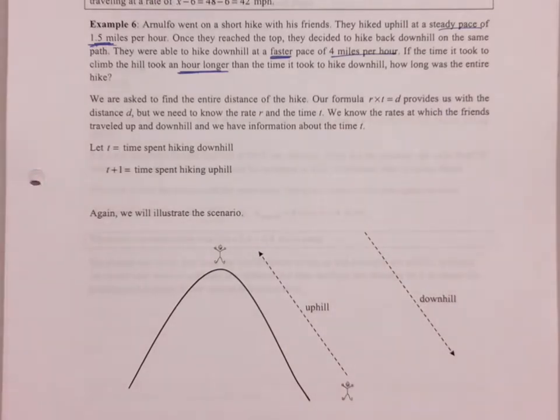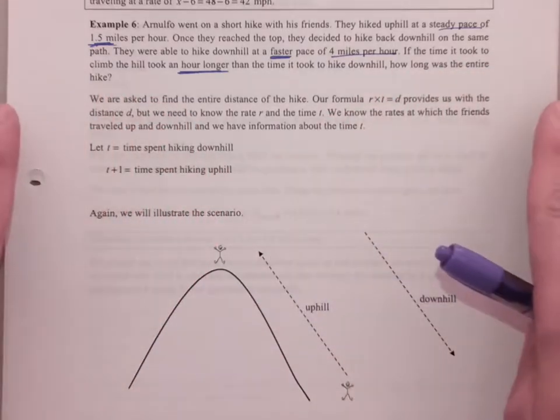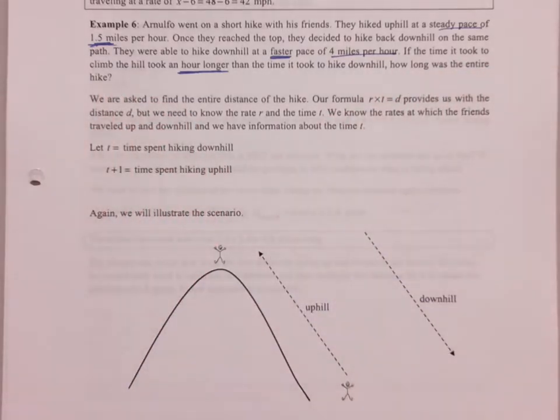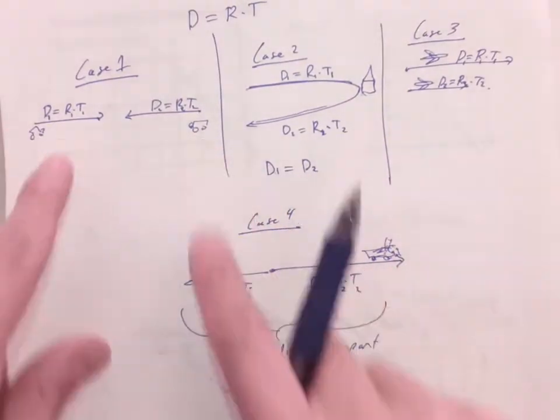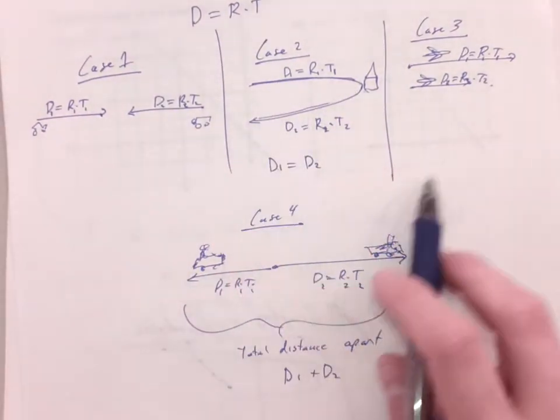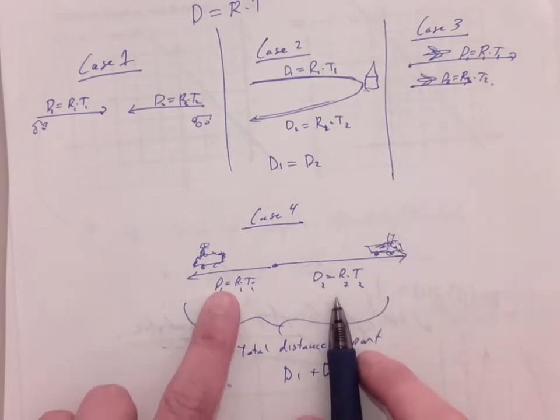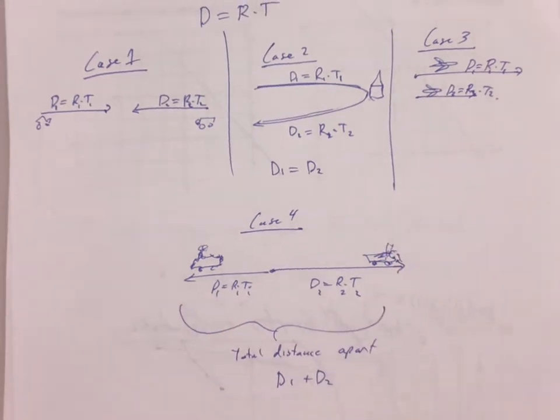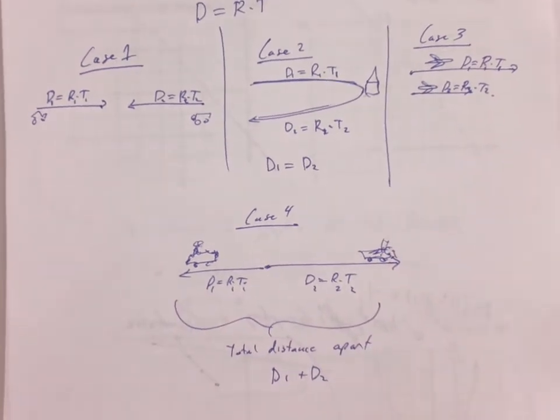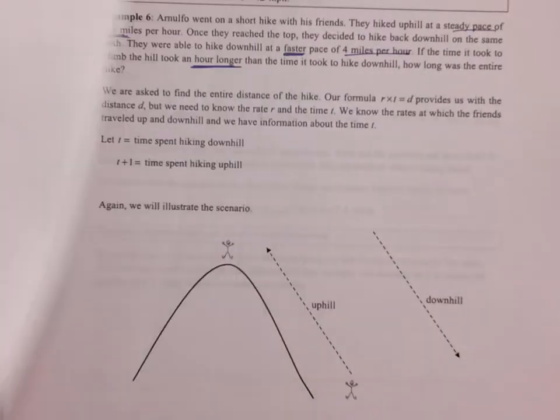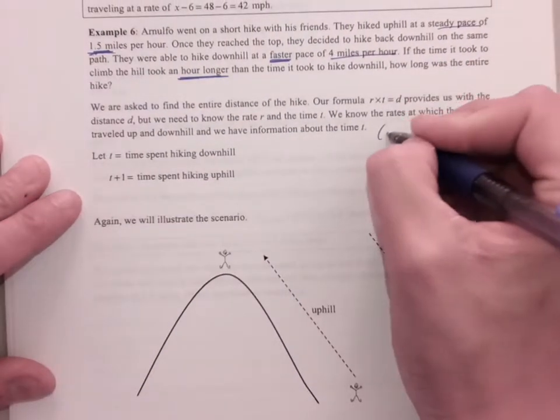Okay, so what's happening here? Which of our cases do we have? Do we have things going away from each other? Do we have things going towards each other? Do we have a loop happening? Is somebody trying to catch up? Is this like the last problem? So go ahead and take your best guess. Which one is it? And if you guessed it, it's going to be case number 2. So this is case 2.